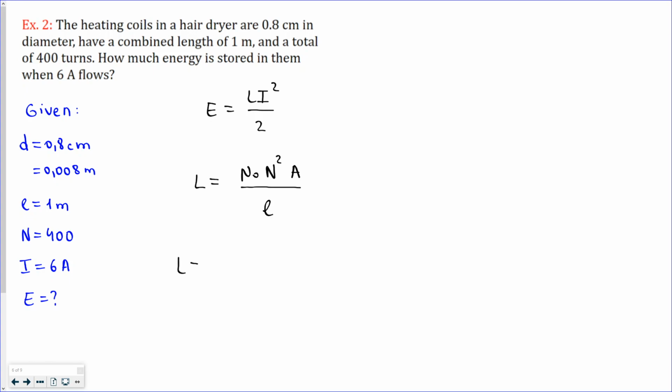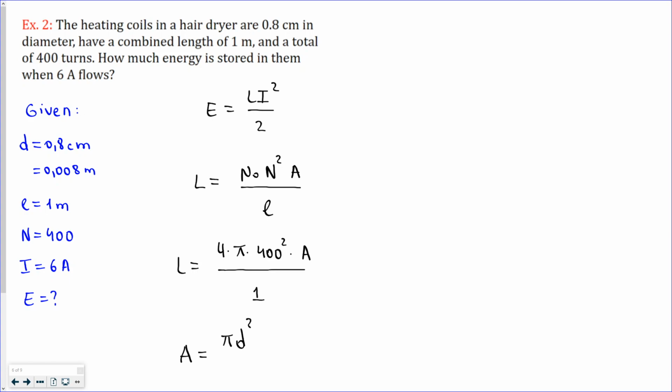So mu 0, it is 4 times pi times 10 to the minus 7, and it is 400 squared. A, it's the area. Well, area, we don't know the area yet, we will find it later. And over L, 1 meter. So area can be found if we have a diameter.